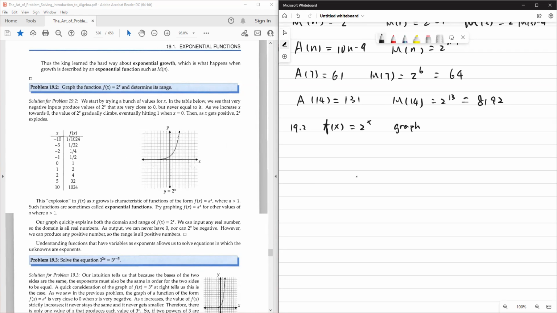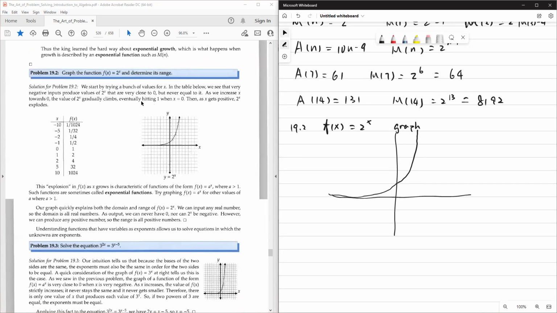The shape of the function is very, very close to 0, and here it's 1. When x equals 0, it's 1, and then it goes this way. It's called exponential growth, this explosion, right? It climbs really, really quickly. This explosion is the characteristic of an exponential function when a is greater than 1.